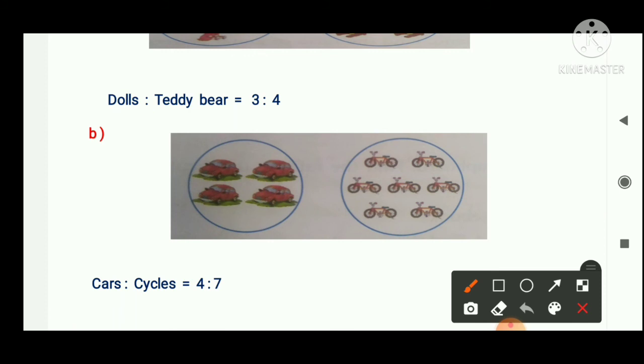How many pictures of cars are shown? 1, 2, 3, 4. And bicycles: 1, 2, 3, 4, 5, 6, 7. So how to write its ratio? Cars to cycles. Here cars are 4 and cycles are 7. So we write its ratio as 4:7.